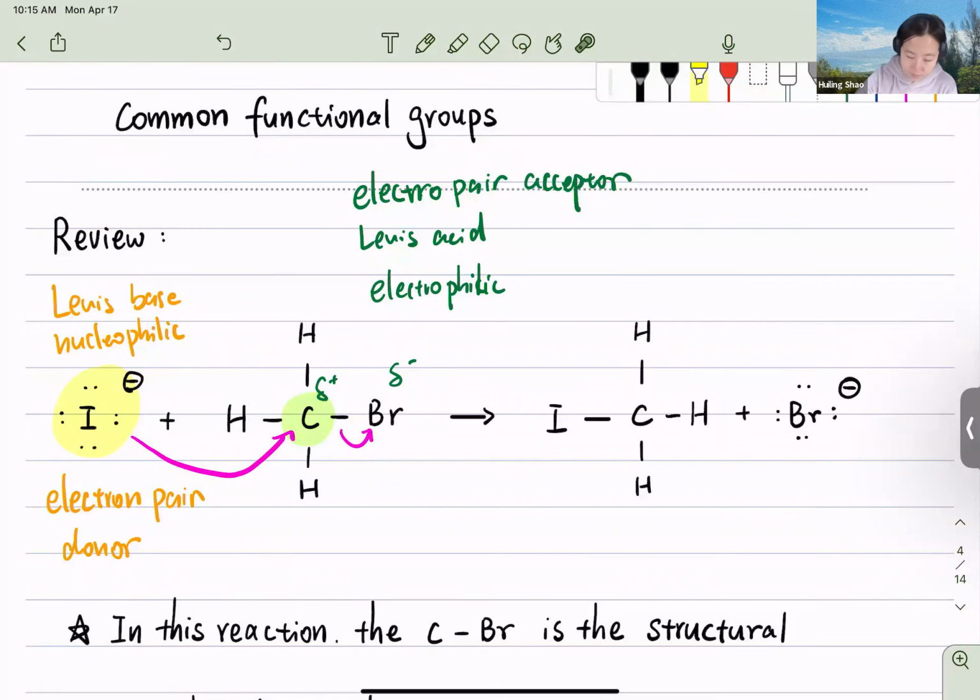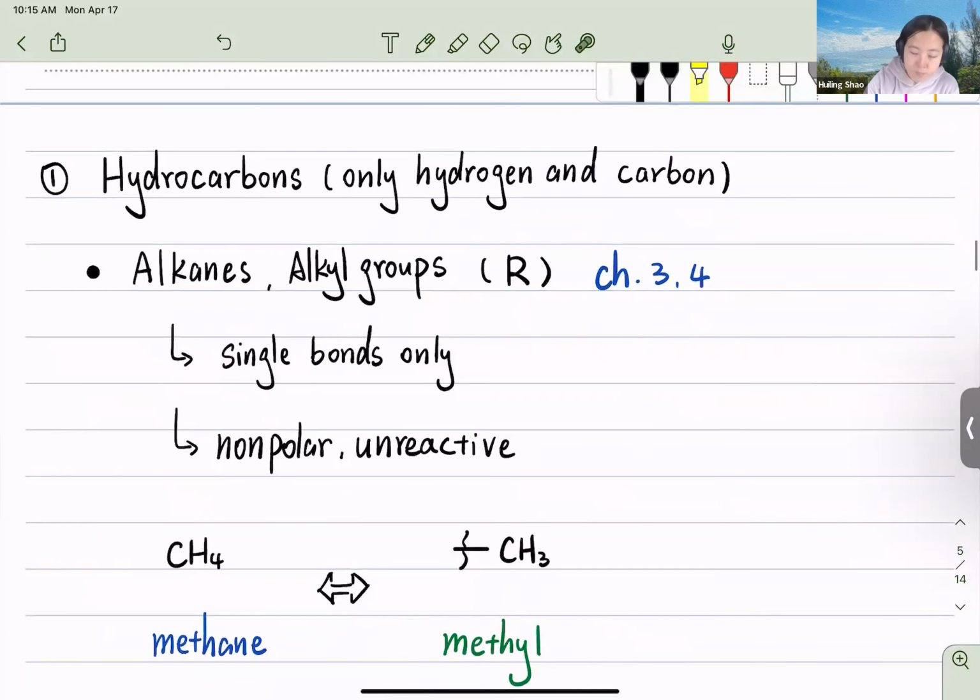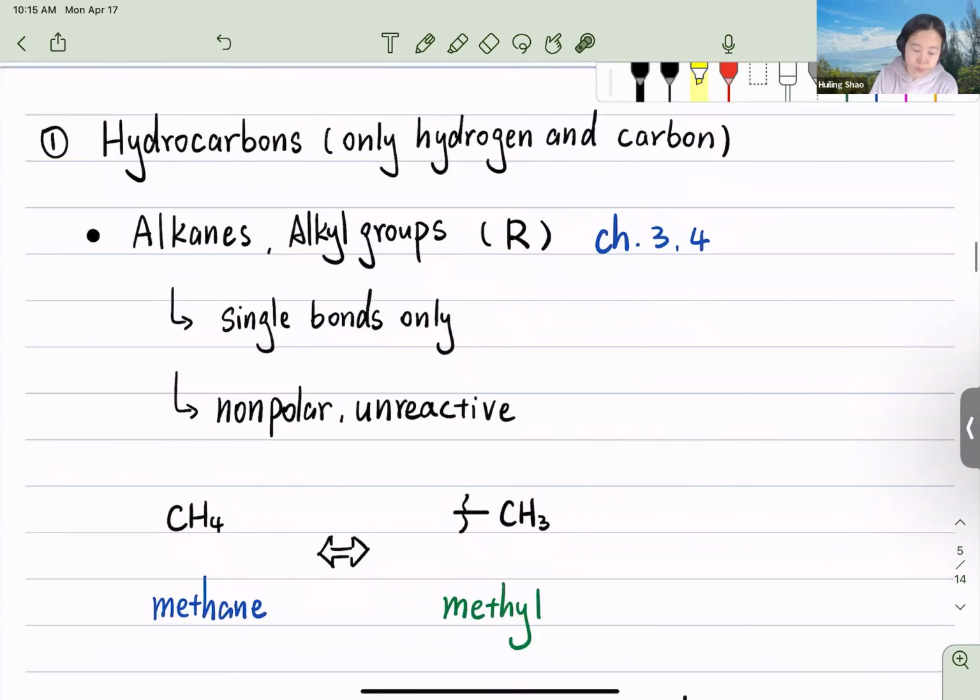All right, so let's now move on to look at functional groups. For the rest of today's lecture, we'll be talking about a lot of different functional groups. Again, functional groups are the center of reactivity, or the structural feature that tells us whether or not a molecule is chemically reactive.